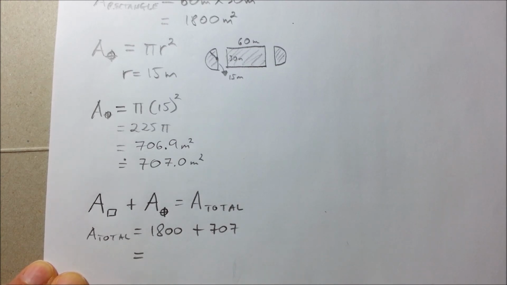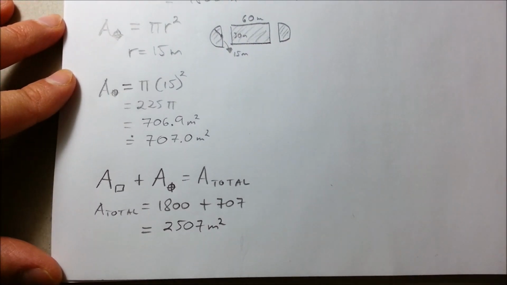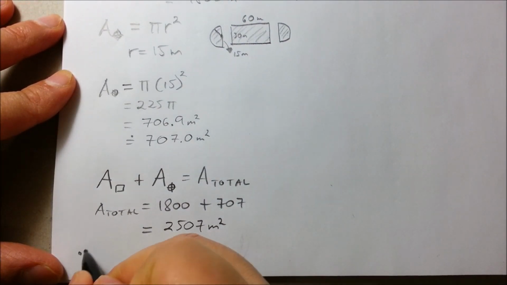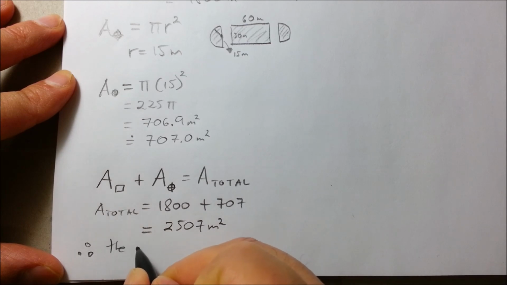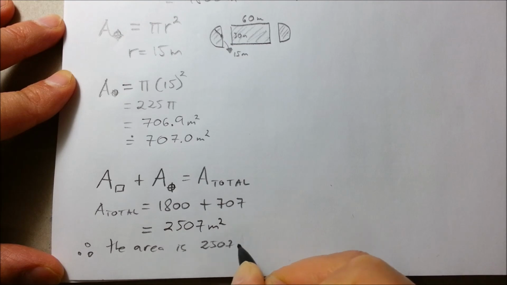You add these two and we get 2507 meters squared. So we can say therefore the area is 2507 meters squared.